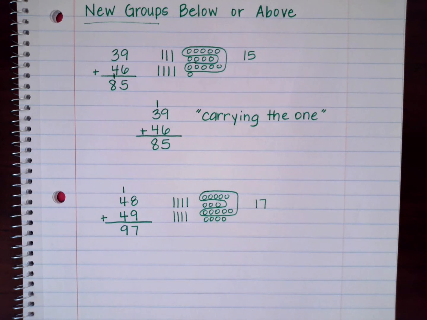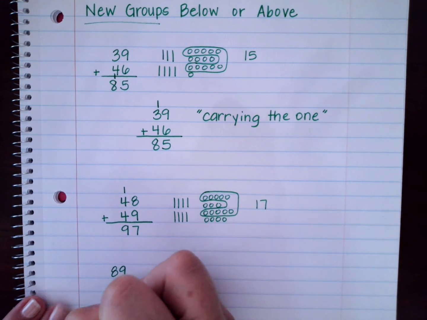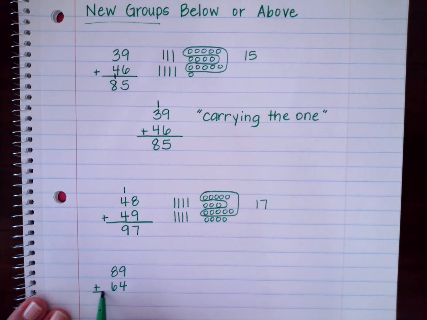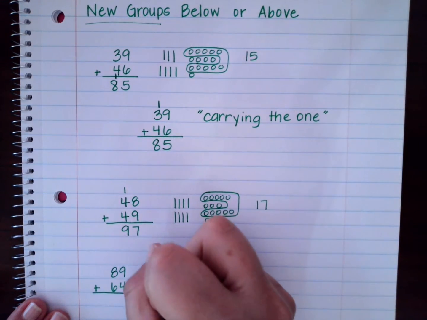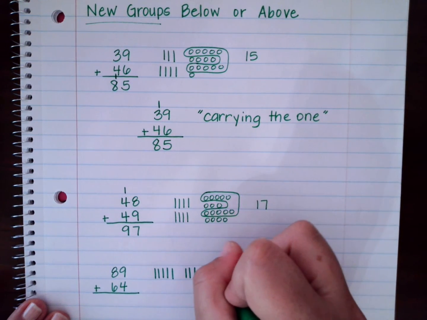Okay, we're going to do some more practice, but this time our numbers are going to get a little bigger. Let's try the problem 89 plus 64. So first I'm going to draw 89.